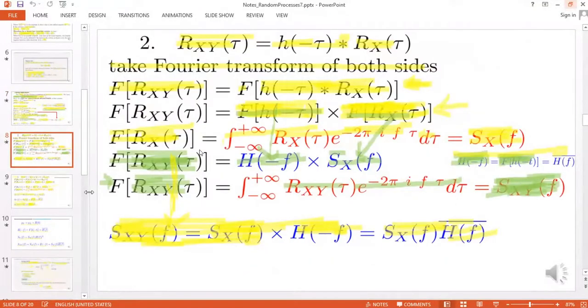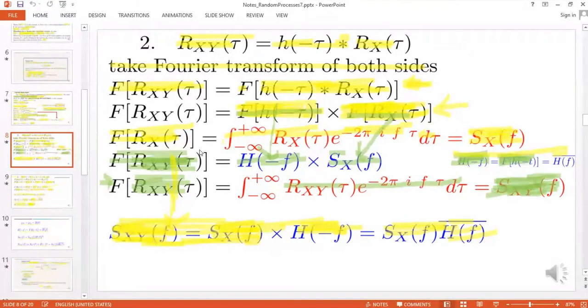Next, we have this cross correlation function, because x(t) is wide sense stationary, h(t) is the LTI system impulse response, and y is the output. In the theorem we have proved that y is also wide sense stationary, and x and y are jointly wide sense stationary.